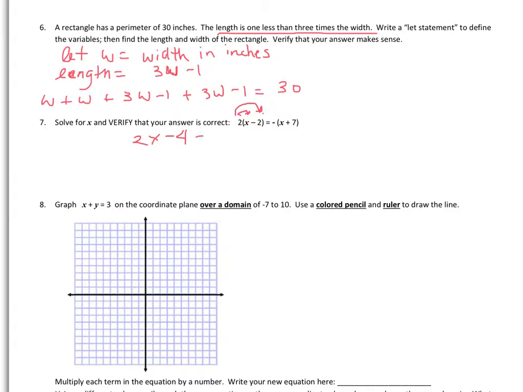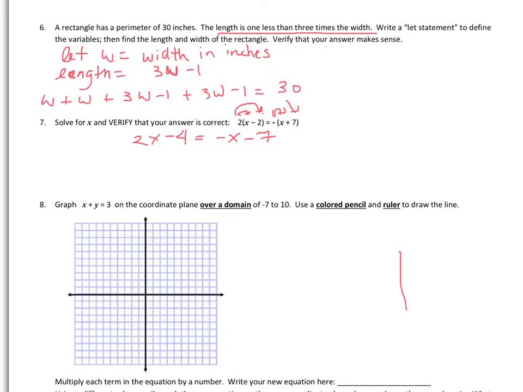And it equals negative 1 times x, that's negative x. Negative 1 times 7, that's negative 7. Solve for x, and then verify that the number you came up with is correct by plugging it back into your original equation.